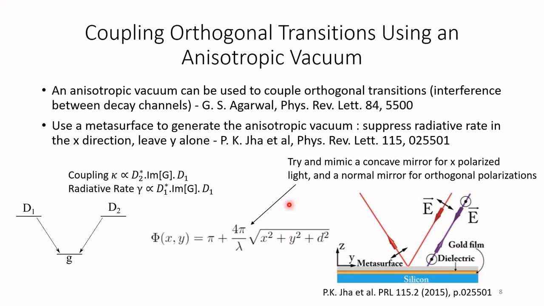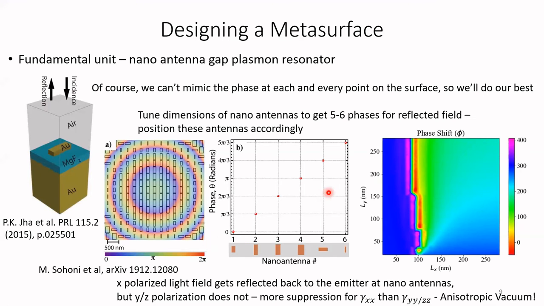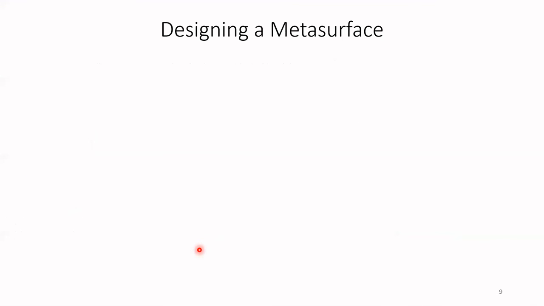So essentially, this is the phase profile required for a concave mirror, and this is the pi phase shift I want for destructive interference for the X polarized field. So once I've designed each artificial atom or nano antenna, and tuned the dimensions to get a certain phase of how it's going to reflect the field, I will arrange them on my metasurface so I can mimic the exact field that I wanted here.